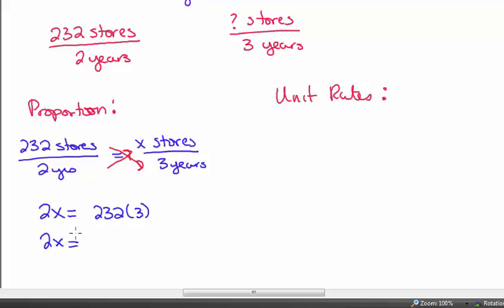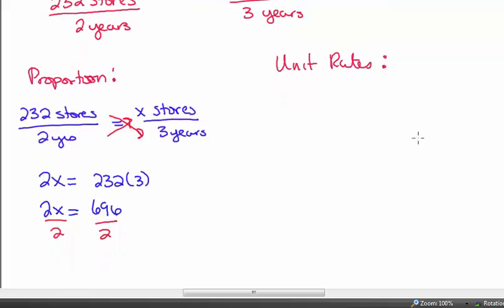So 2x is equal to 696. And I divide by 2. And I have that there will be 348 stores in the next 3 years.